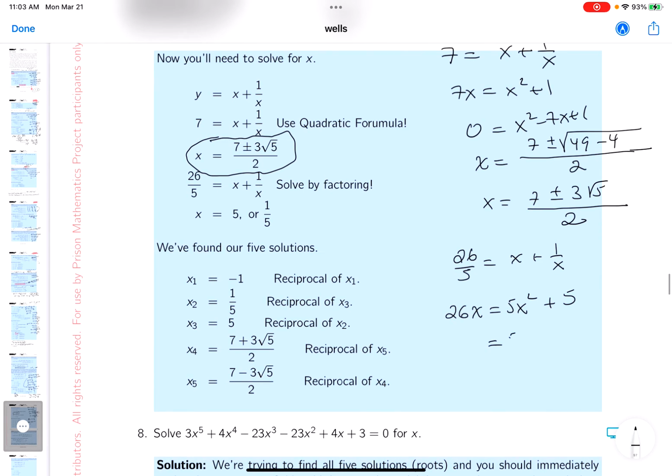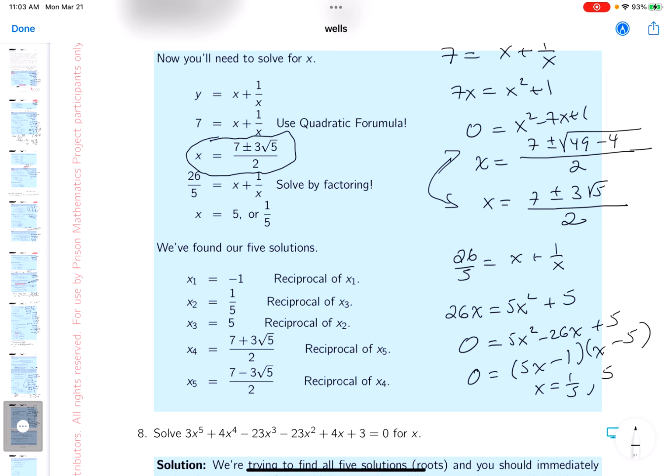And it looks like 5x squared minus 26x plus 5 is 0. Looks like it may be factorable. Not sure about that, but I'll try. And that does work. What do you get over here? 1/5. And you get 5. By the way, they're reciprocals of one another. And these are also reciprocals of one another.